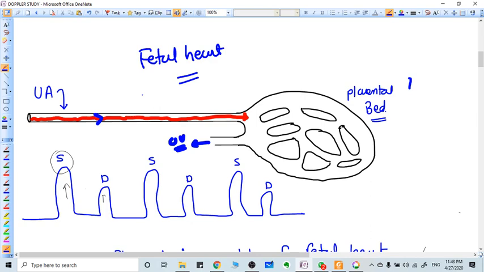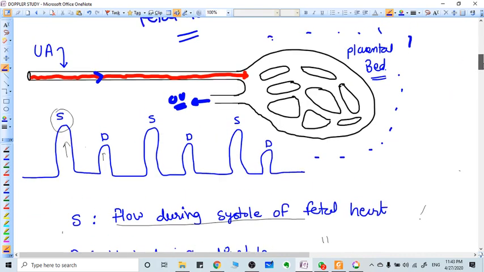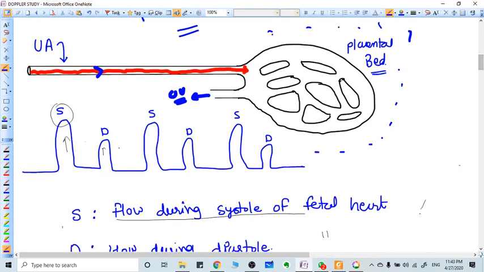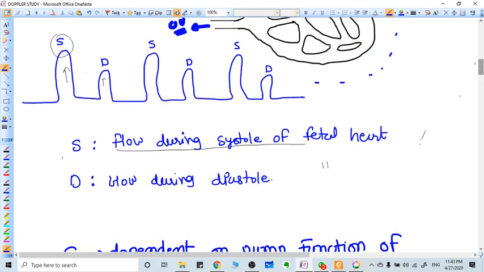You need to remember one thing. Now the umbilical artery supplies what? It supplies the placenta, the placental bed. Now if we see the waveform of the umbilical artery normally, we see this kind of waves. There is a systolic wave, which means that in the umbilical artery the blood flows during systole, and the S is because of the systole of the fetal heart.